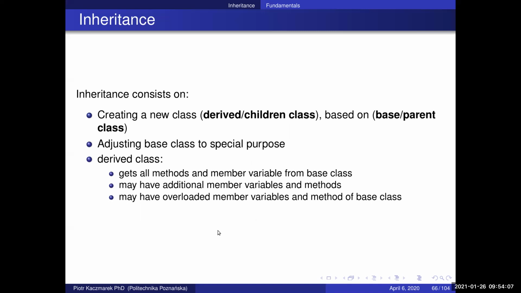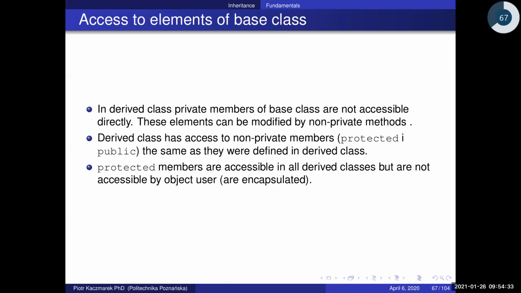And another feature is that it can overload some member variables and methods. Some methods can be derived, and other methods, even if they have the same name and the same set of parameters, can be overloaded.